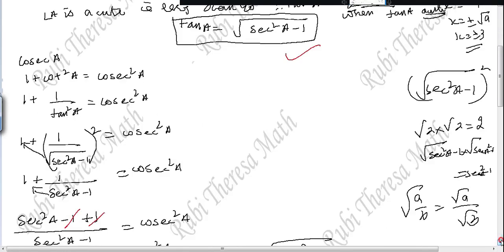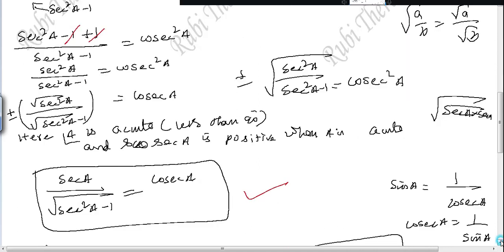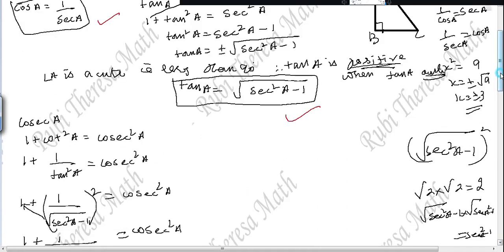Cot A. Tan A, cosecant A. So cot A, next one. Next one is what? Cot A we did.